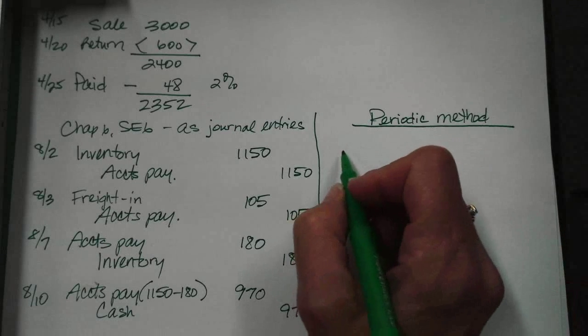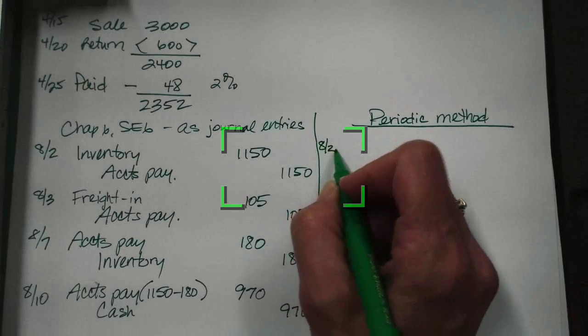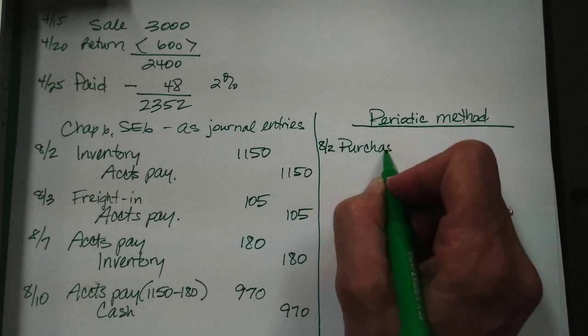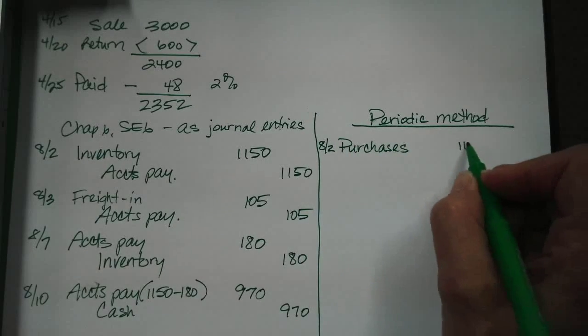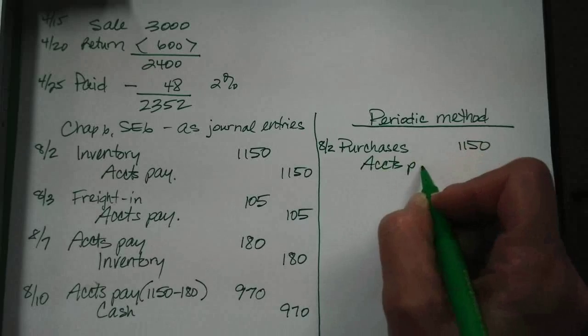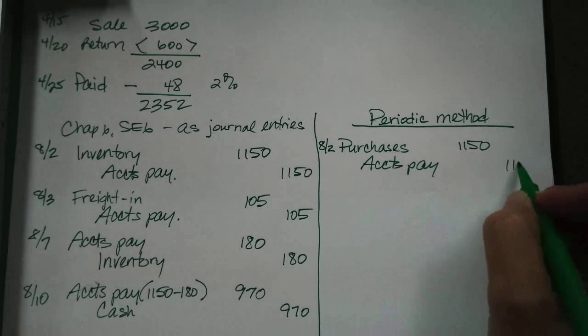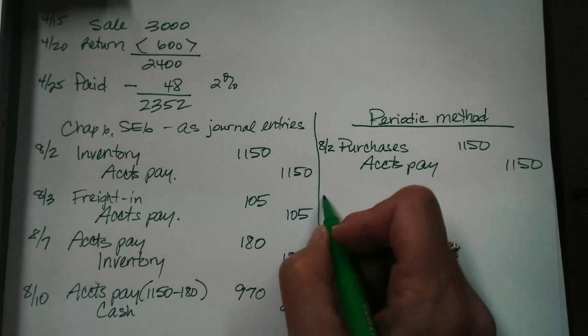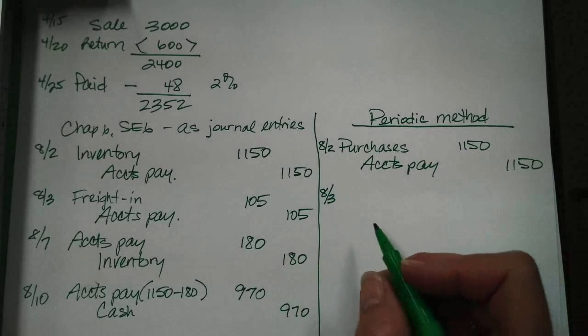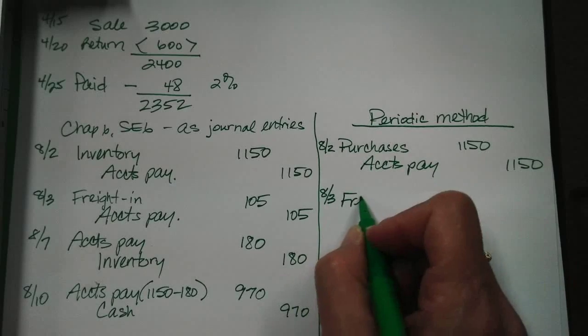Okay? On August 2nd, I would debit purchases for $11.50. And I would still credit accounts payable. We still owe it. That's the same. On August 3rd, when I got the bill for the freight, that would be exactly the same.